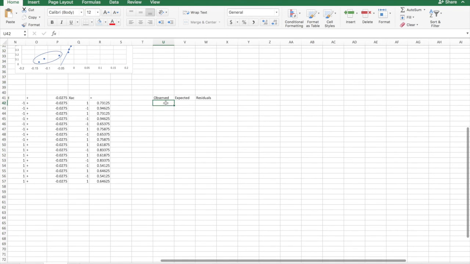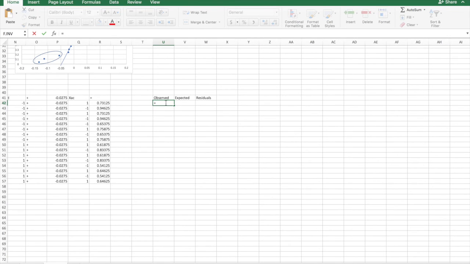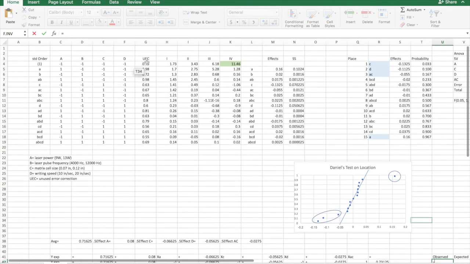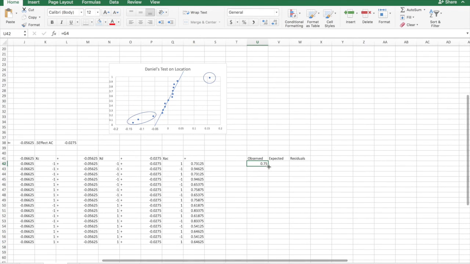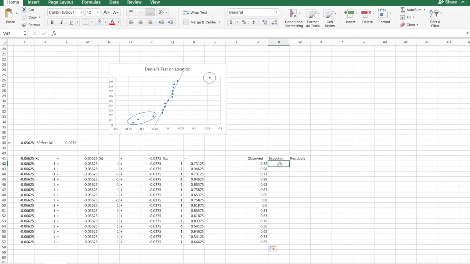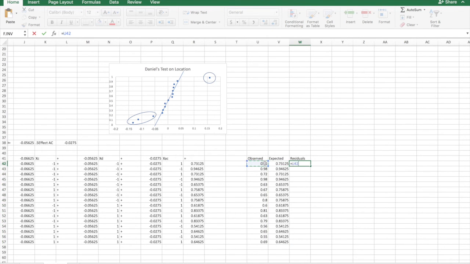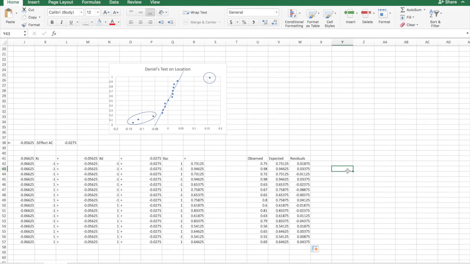The observed are the original data, then the expected are the ones we just obtained, and so the residuals are observed minus expected, and we obtain our residuals.